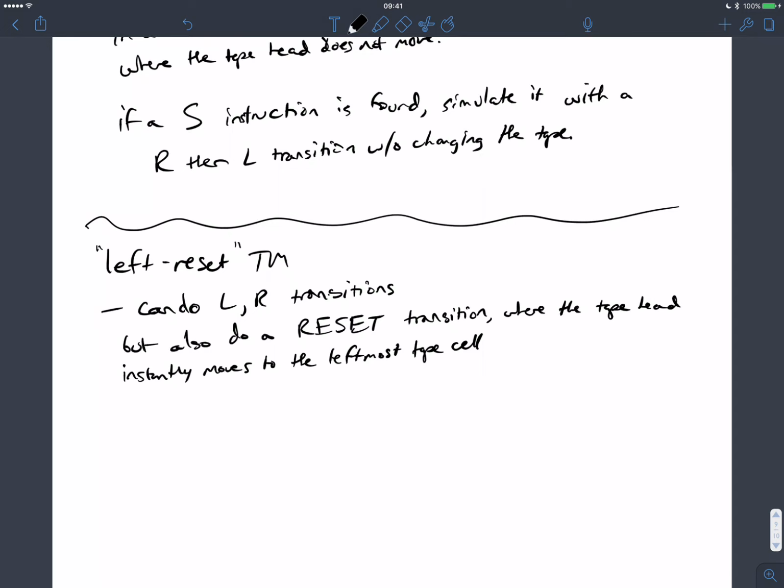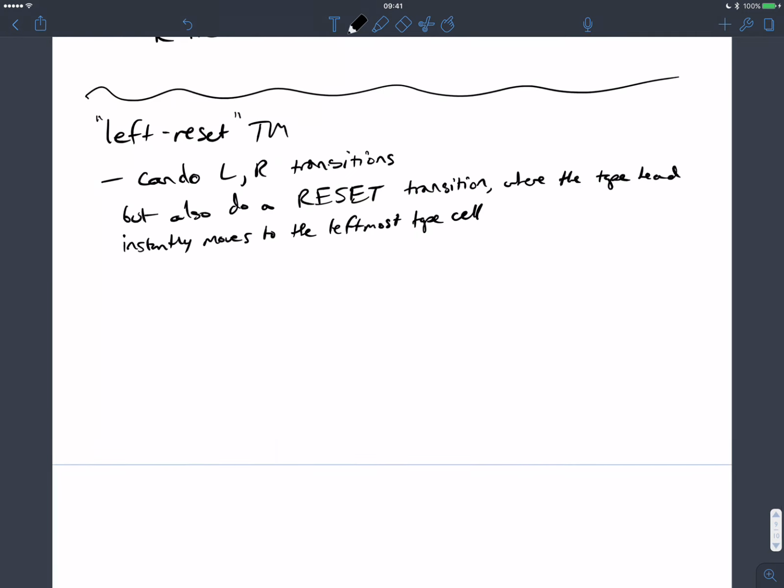Yeah, how? A self-loop that moves left, but the problem is I might hit the left-hand end of the tape, and I don't know where it is. So you'd have to have a special symbol. I have to add a special symbol and do what with the input? Push it right one position.